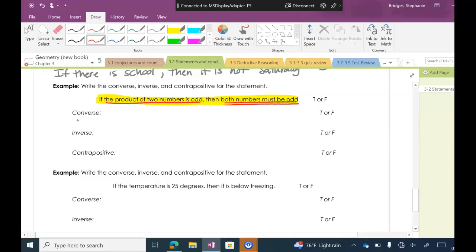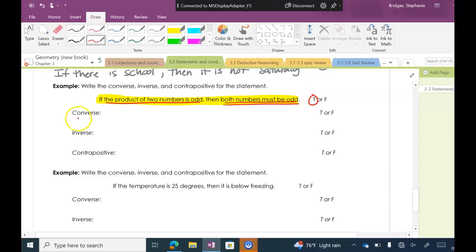Can you give me an example of two odd numbers being multiplied that is not odd? Like if I do 1 times 3, that's 3, right? Or 5 times 3 is 15, or 3 times 7 is 21. It seems that they're always going to be odd, right? Okay, so that's going to be true.